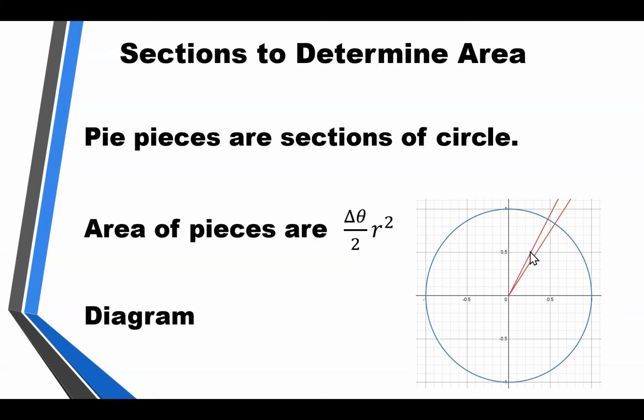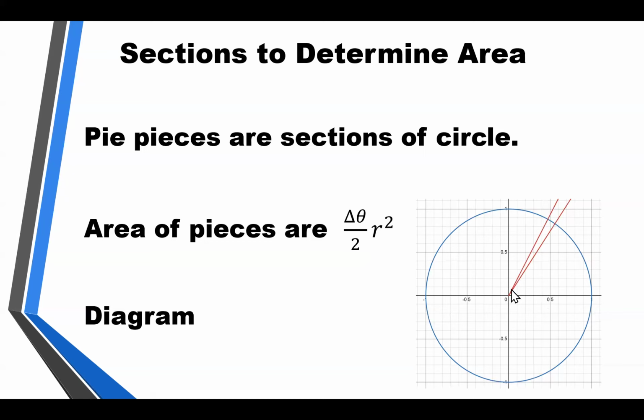So any little pie piece is just going to be a section of a circle, a proportion of that circle, which is the change in angle from one angle to the next. Divide that by 2 because, again, the area of the entire circle is not 2 pi times r squared, but rather pi times r squared. So we divide it by 2 and then multiply times radius squared.